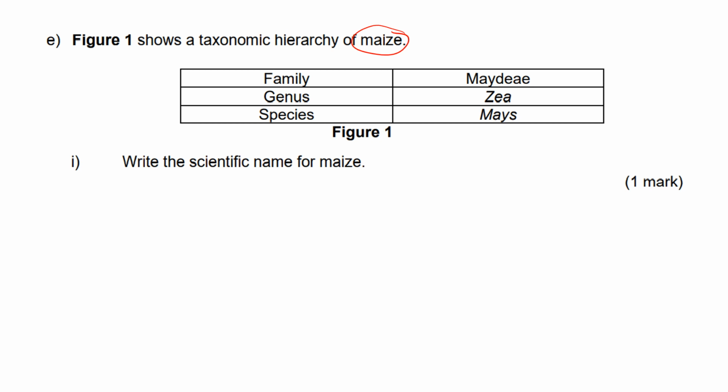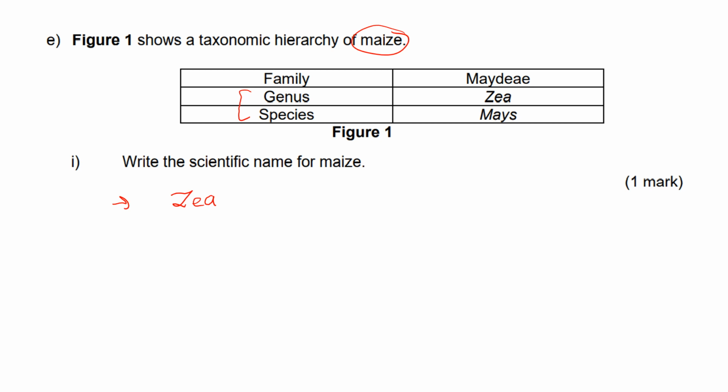If you were to write the scientific name by hand, it should be underlined. The scientific name consists only of the genus and the species taxon. You start with Z as a capital letter, only for the first letter Z. Zea, with ea in small letters.